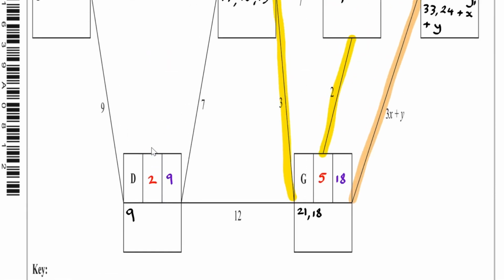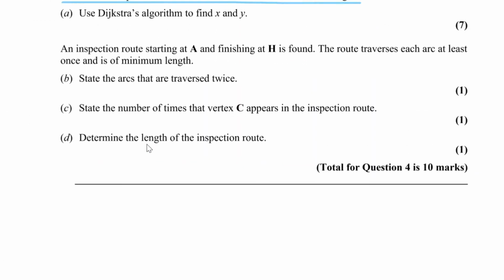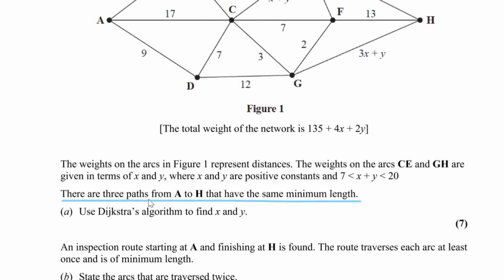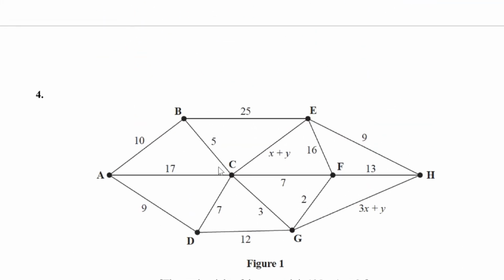Okay, so we've now found what x and y is. So CE, x plus y, that would be 9. Let's just add this here, we'll add it in brackets. And 3x plus y, 3 times 3 plus 6, that's 15.